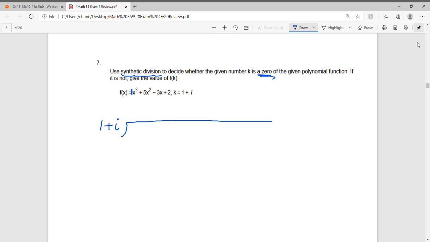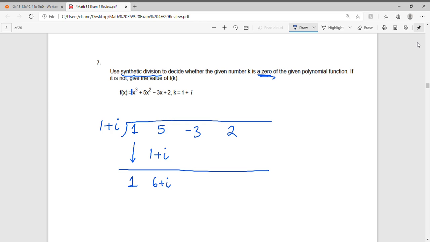The coefficients are 1, 5, negative 3, and positive 2. We'll start by bringing down the 1 and multiply. 1 times 1 plus i is 1 plus i. 5 plus 1 plus i is 6 plus i.